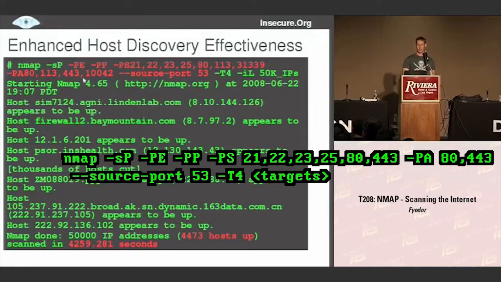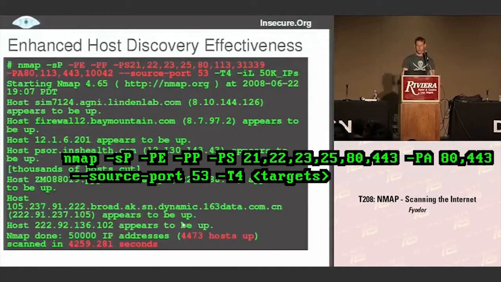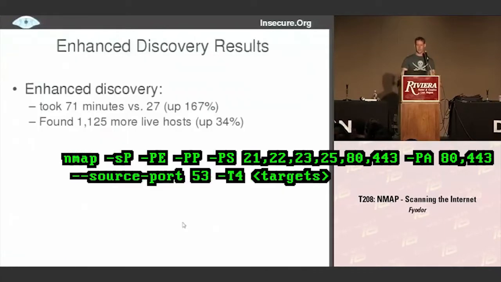So -sP is the ping scan. More on scan techniques in a little bit. -PE, that's capital PE, is the ICMP echo discovery, otherwise known as ping. -PP, the two capital P's, is the ICMP timestamp discovery method, and -PS is the SYN/ACK, effectively a normal TCP handshake discovery.